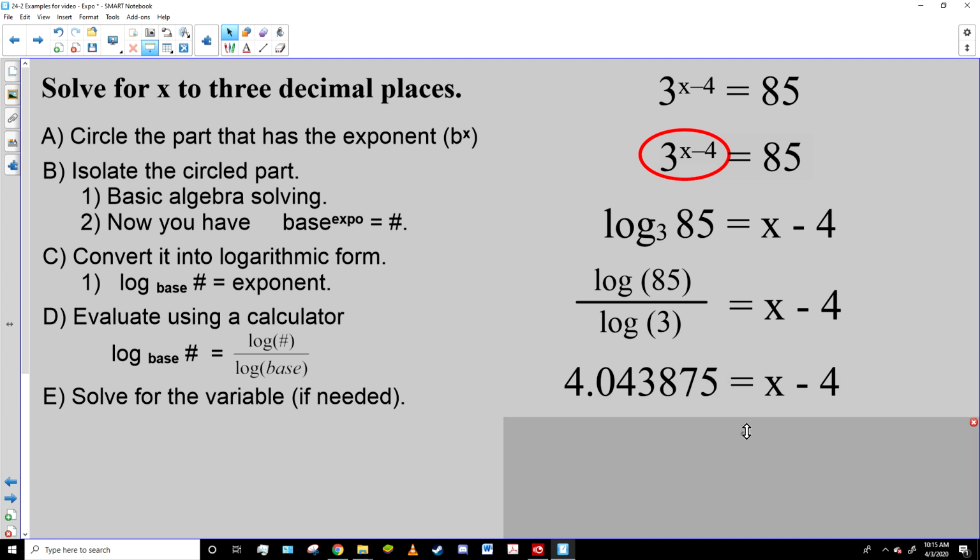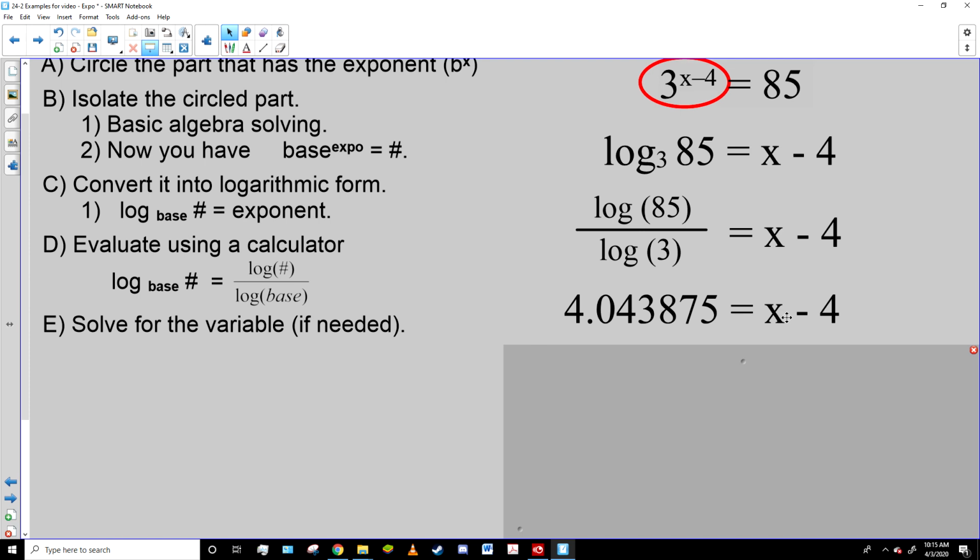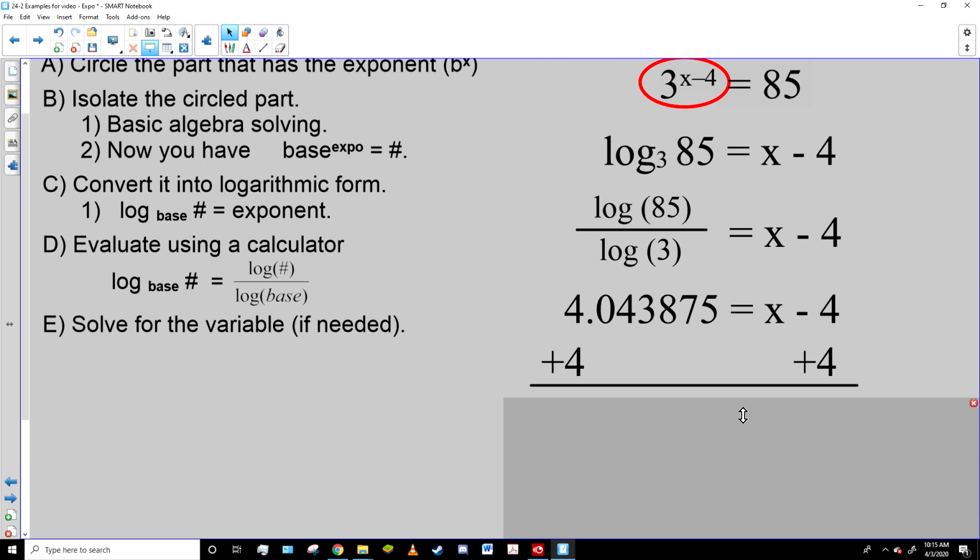So anyway, I put that in my calculator, I got 4.043 and so on. But it equals x minus 4, not x. I'm still not done. Step E says, if needed, solve for the variable. Well, how do you get rid of x minus 4? With a plus 4. And when you add 4, you end up with this number, and I went ahead and rounded that off. 043, the 8 rounds you up to 044.